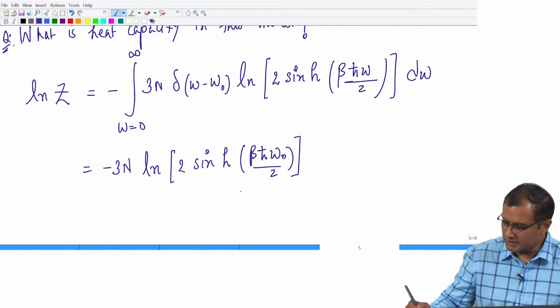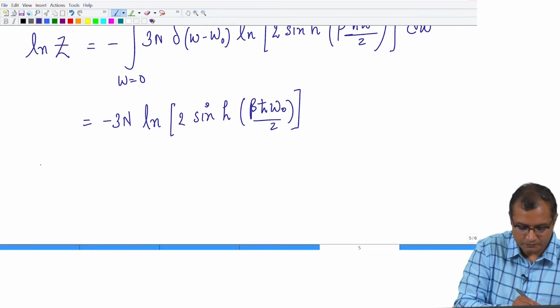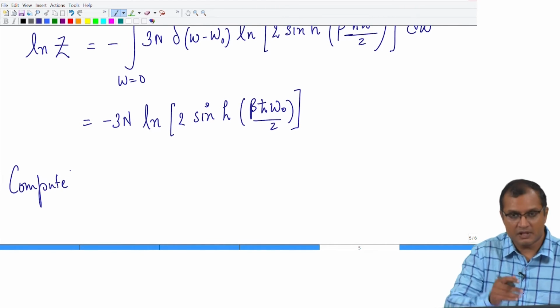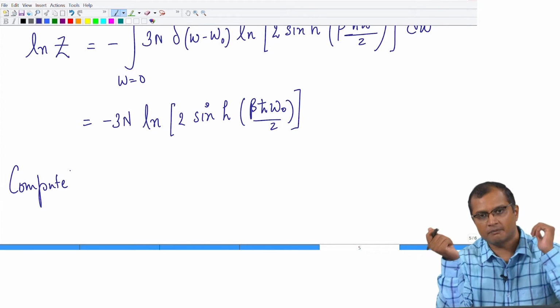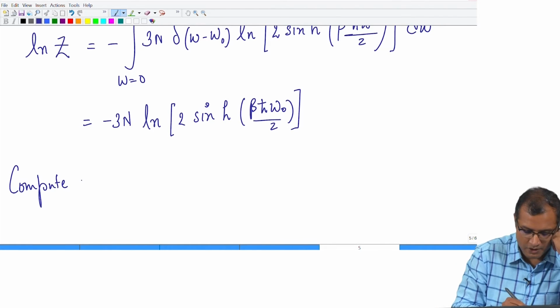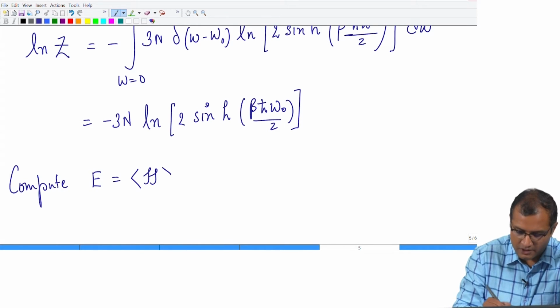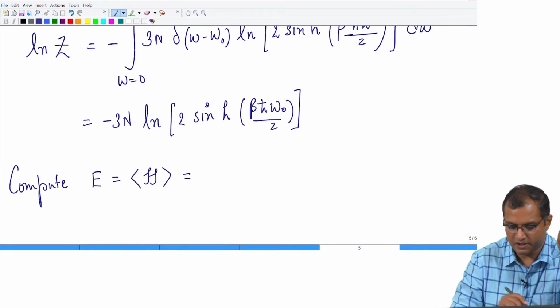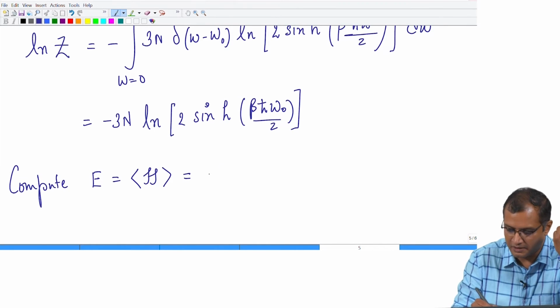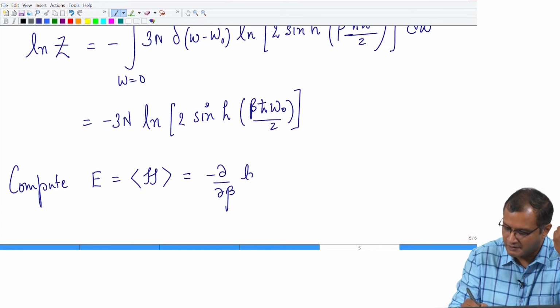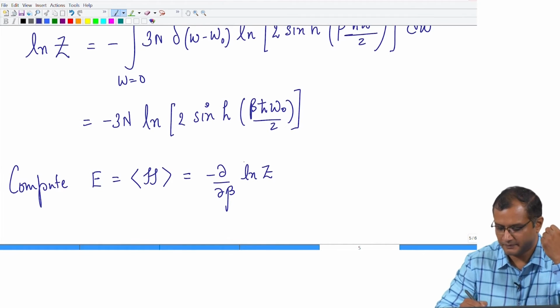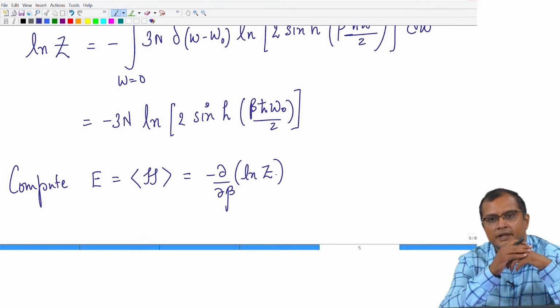Now, which means that I can compute the thermodynamic quantities, because this is my bridge that connects StatMech to thermodynamics. So computing the total internal energy, which is nothing but the expectation value of the Hamiltonian, is now a cakewalk. This is what we have seen in the last chapter: the negative derivative of logarithm z with respect to beta.